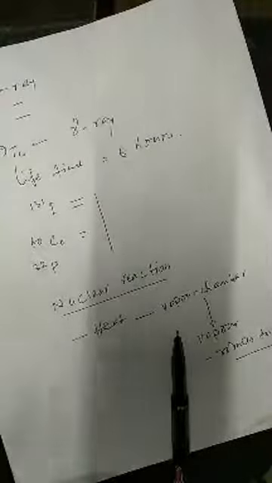Then relative atomic mass, calculation of relative atomic mass, calculation of relative molecular mass, and last of all, the radioactive isotopes and their uses. Where do we find the application of radioactive isotopes? These are what you should learn from the chapter.